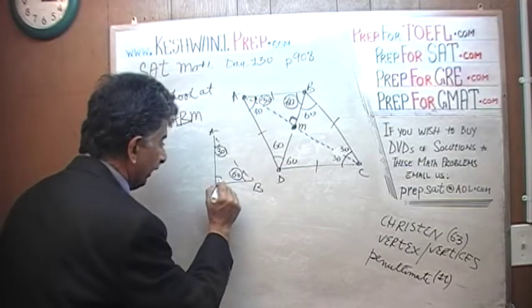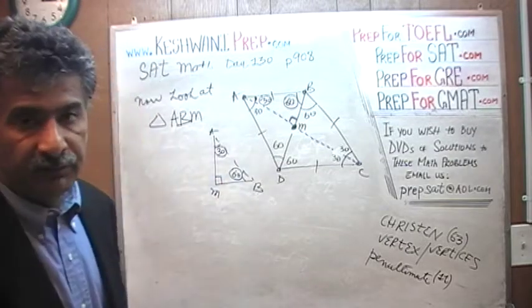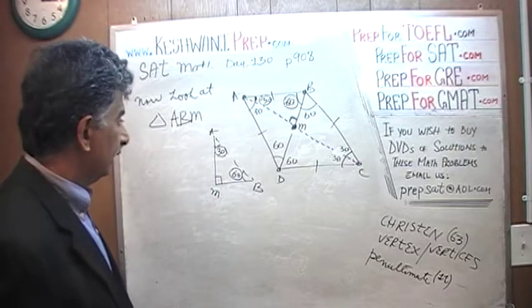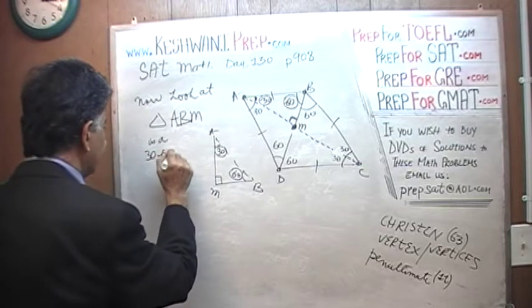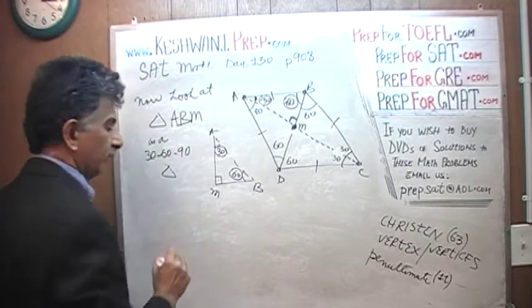Therefore, triangle ABM is a 30, 60, 90 triangle.